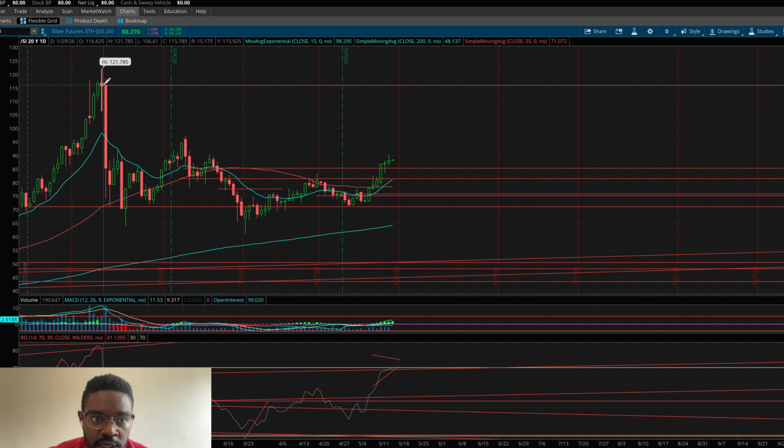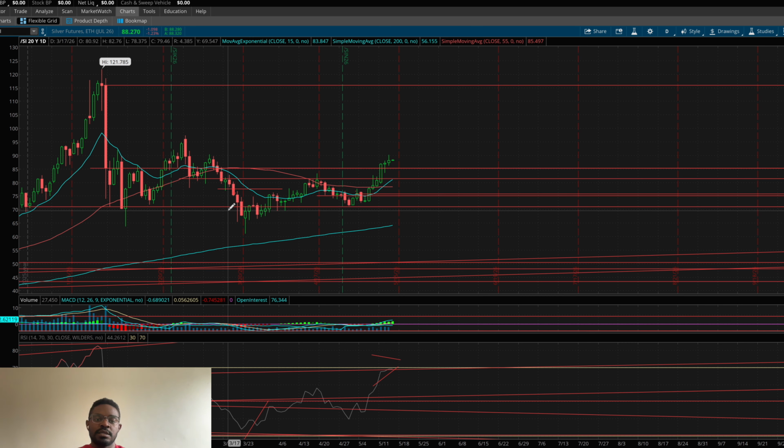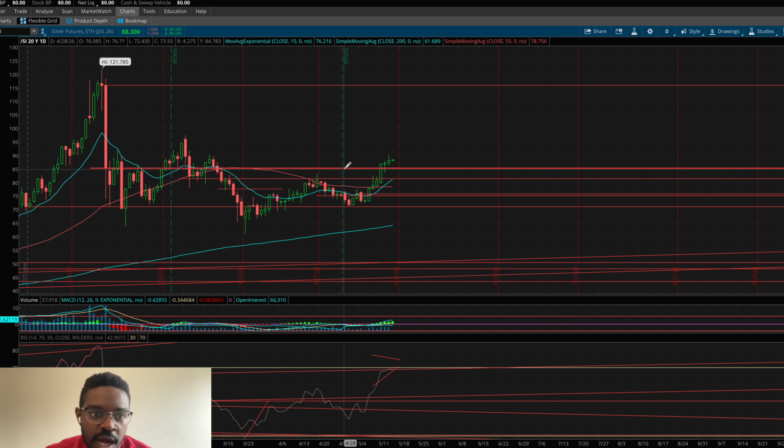I'm just going to draw a line right at the top of that bar and right at the bottom of that bar right there. That's going to be a significant resistance on the upside and support on the downside. So I would not be surprised to see silver come down in the next couple of days, maybe towards the end of the week, pull back, give a little bit back, before setting up its move higher.